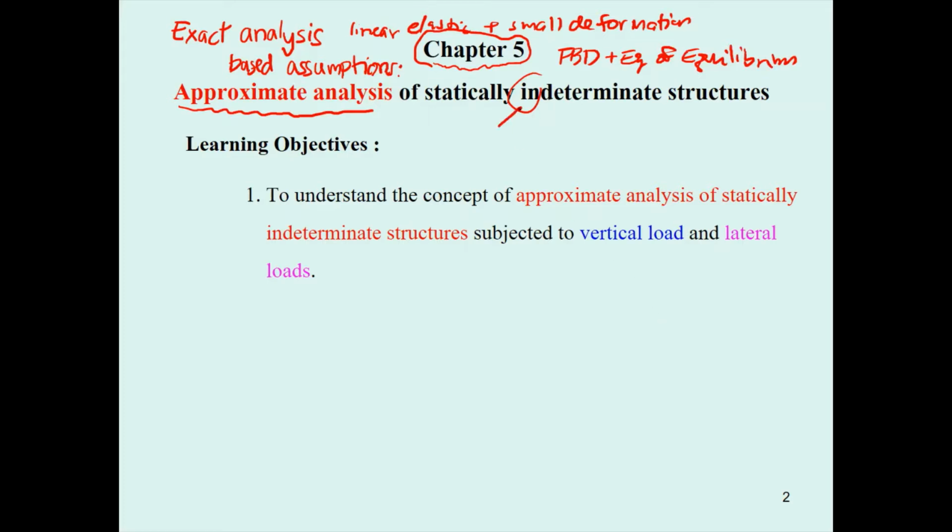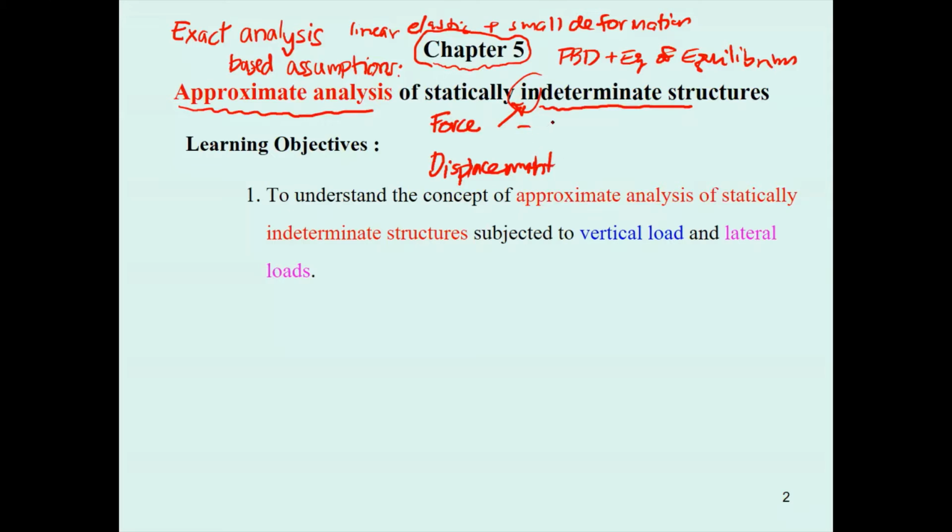In the analysis of statically indeterminate structures, we classify the methods into the force method and another one we call the displacement method.